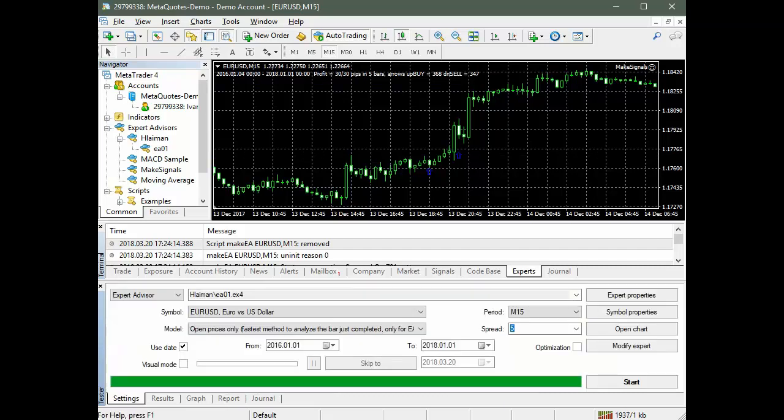Next, we carry out the front test that tests PNet operation on the data outside the training set for the period from January 1st, 2018 to March 20th, 2018.